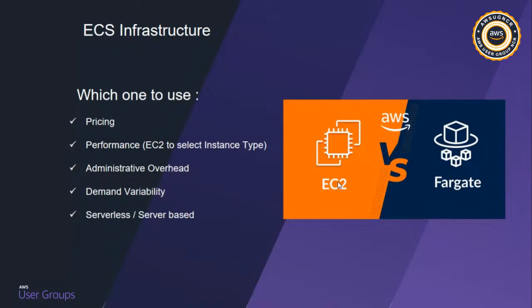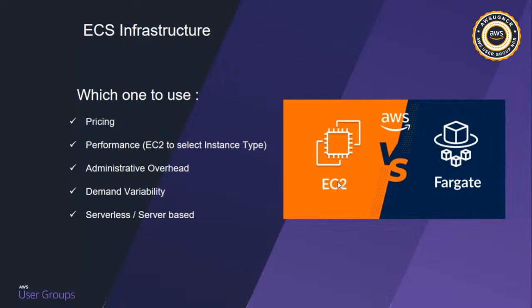And in case of EC2 you get options to choose what kind of performance you want. As you know, with EC2 there are various instance families, so you have the liberty to choose the kind of instance you want to run your application. In case of Fargate, there is always less administrative overhead.